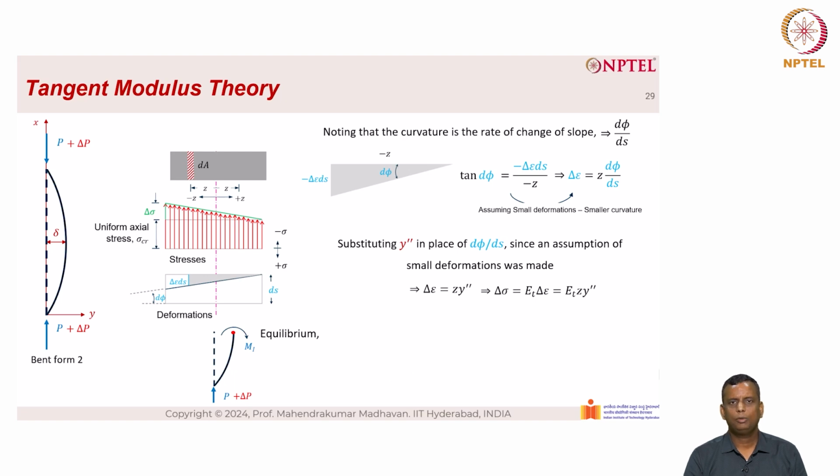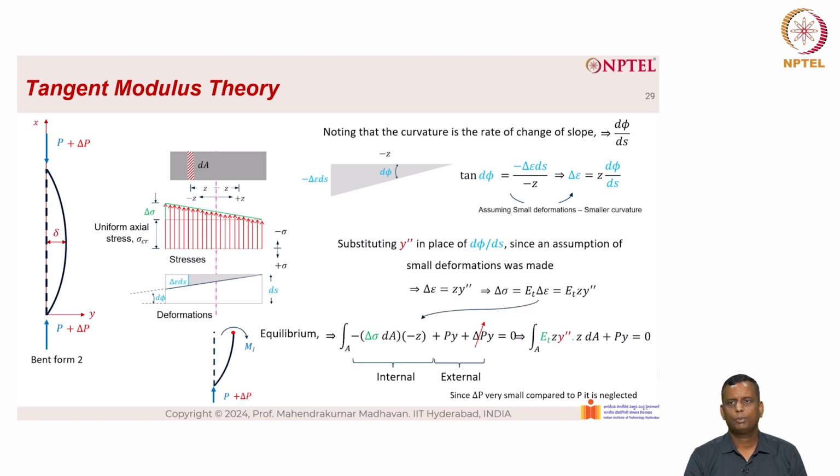Now we have the equilibrium condition, where the integral over A of minus delta sigma dA, the force acting, multiplied by the lever arm minus z gives the internal resistance, and the external resistance is given as P plus delta P into y, which can be split into Py plus delta P into y, equal to 0. Since delta P is very small compared to P, it can be neglected.